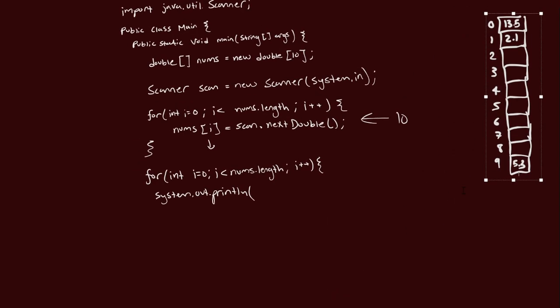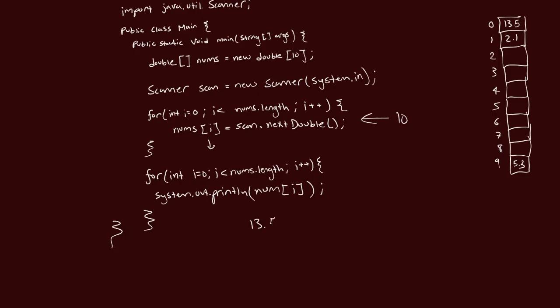Okay, so we put in our array name, nums, and then we put in i. And this is how you can print out all the contents in your array. So when i is 0, we're going to print out 13.5. Then we go to the next line. When i is 1, 2.1, and so on and so forth.